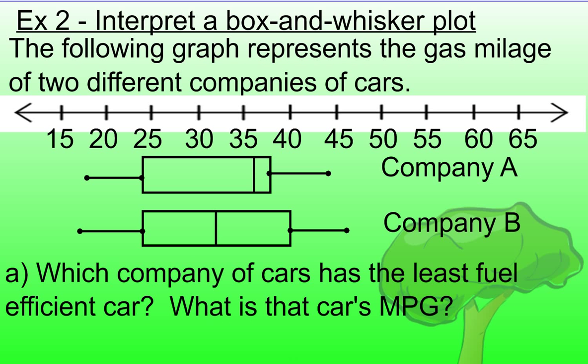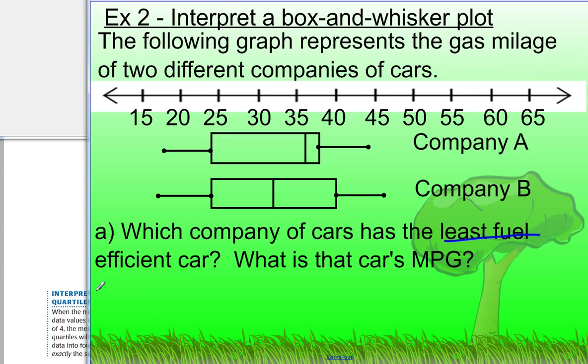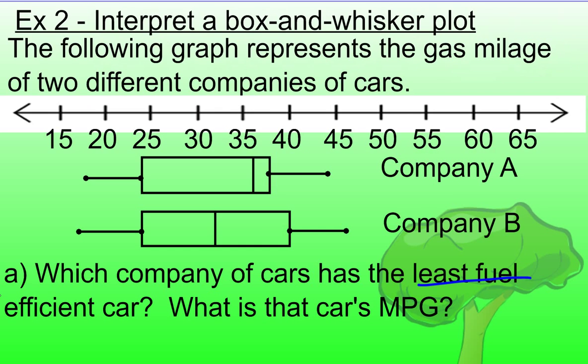Well, let's check here. It says here, which company of cars has the least fuel-efficient car? So if this represents the gas mileage, miles per gallon, which one is the least fuel-efficient? Which one gets the worst miles per gallon?